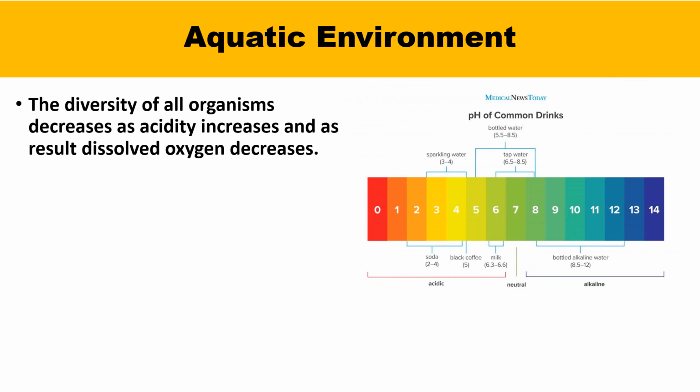The diversity of all organisms decreases as the acidic level of the water gets extreme, as I mentioned. So one thing I will highlight here is acidity increases, oxygen decreases. And also remember, for a stronger acid, you need to think a little bit differently.